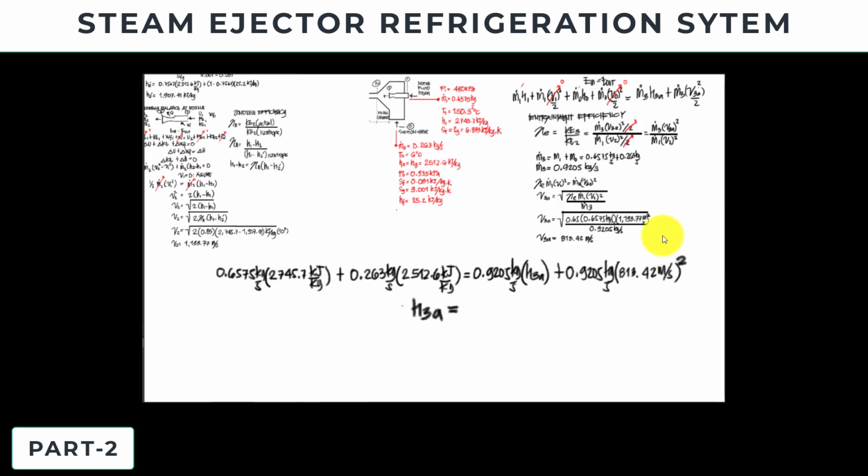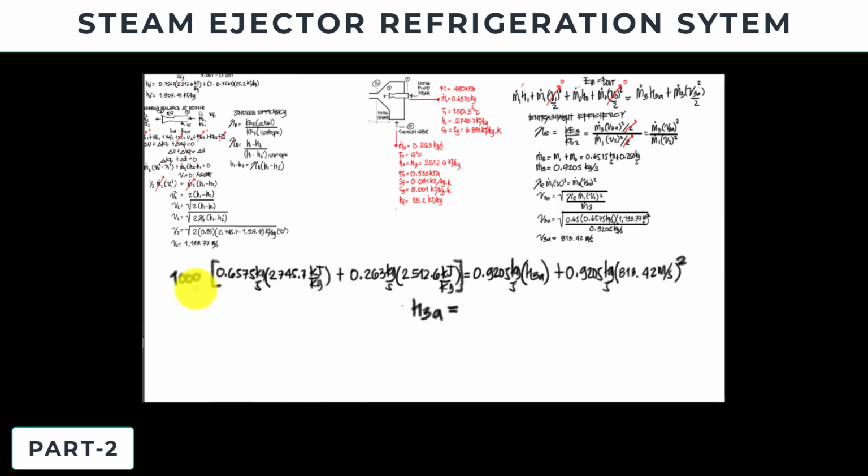Enthalpy 3a will now equal to... I forgot to square this one, and I forgot also to multiply this whole equation on this side by 1000 to expand the equation in thousands, since this is kilojoules and the other side is not in kilojoules, since this one is being squared, so it is not expressed in kilos.